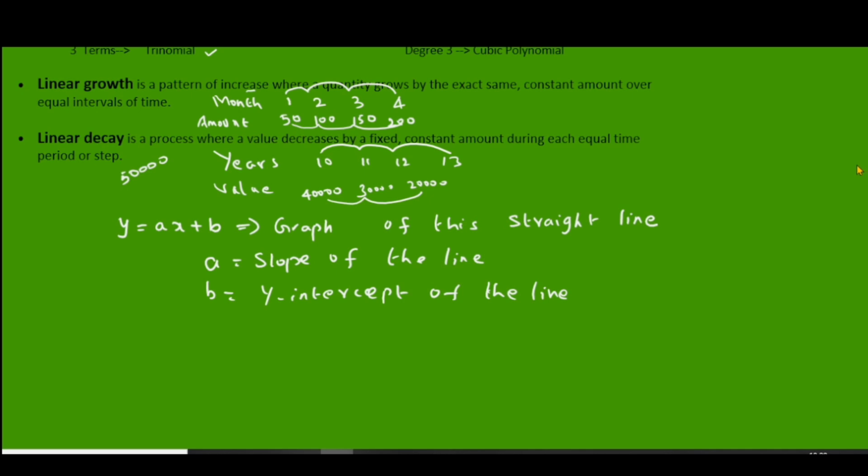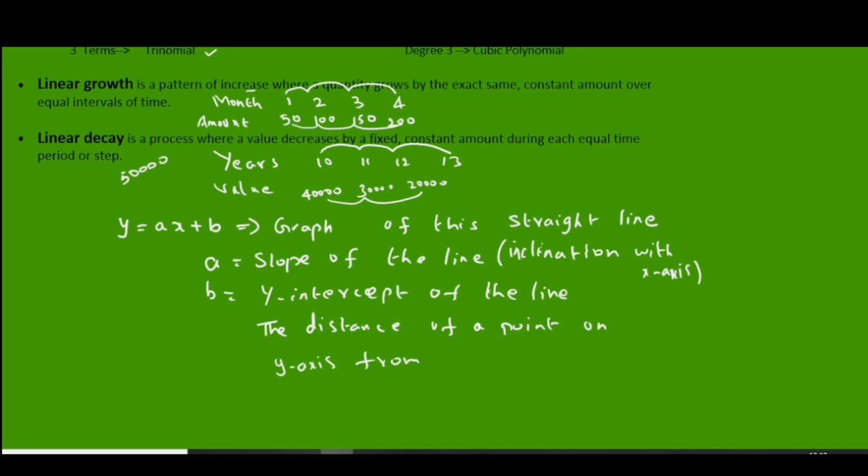Slope is the inclination of the line with the x-axis. The y-intercept is the distance of the point on the y-axis from the origin.